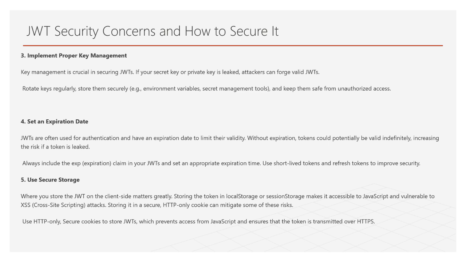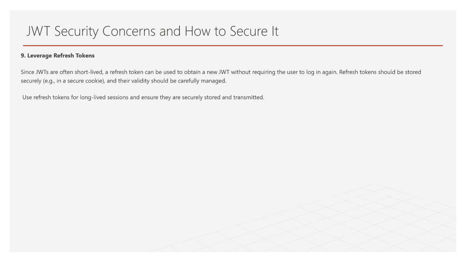So definitely try to store it in an HTTP-only cookie, so that you can mitigate the risk. Always use HTTP-only and secure cookies to store the tokens, which will prevent access from JavaScript and ensure that the token is only transmitted over HTTPS.